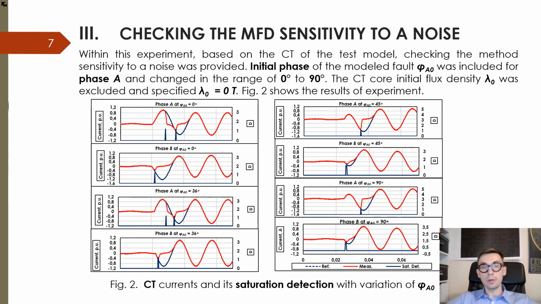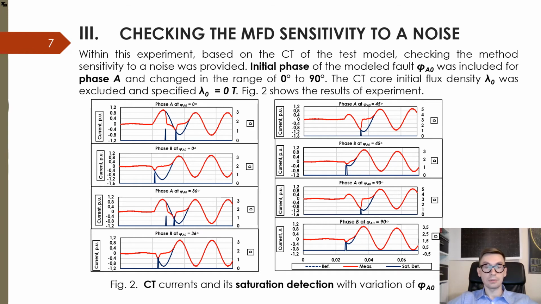To provide proper operation of the method and the algorithm, it was necessary to handle the noise that is typically provided by the initial phase of the short circuit current and the corresponding saturation of the current transformer core. So the initial phase angle was varied from 0 to 90 degrees. The results of the experiment are provided on the slide.